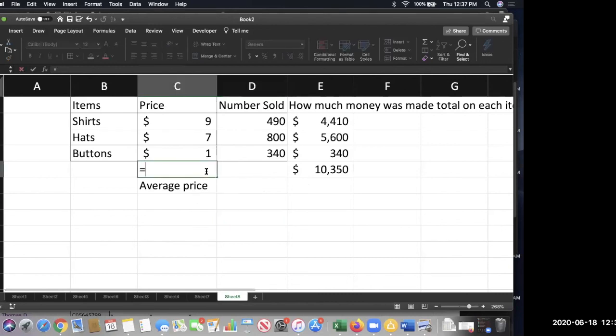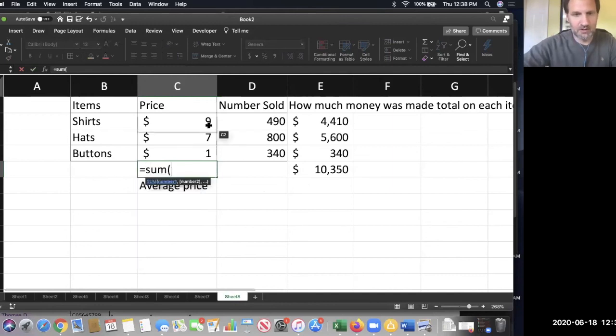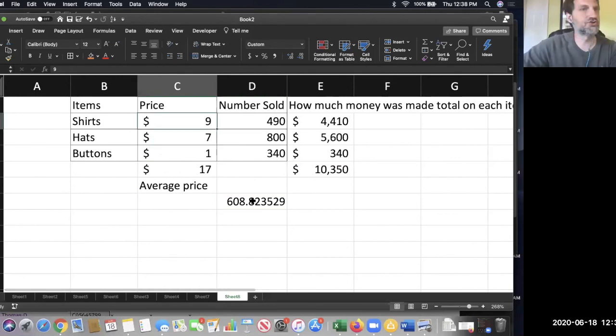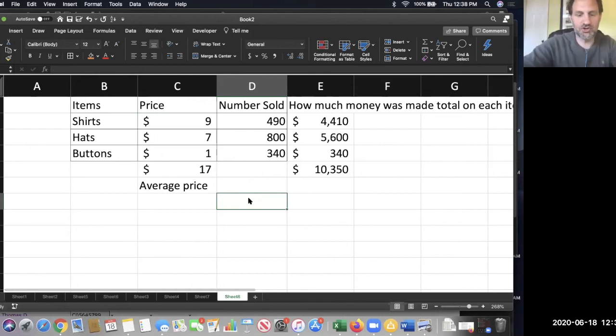You add them. Okay, so if you add these up, you get 17. And if you take this number and you divide it by 17, you end up with this number. Does this number make sense as an average price? No. Think about the lowest price is $1, the highest price is $9. So our average should be somewhere between 1 and 9. So you're right when you say it doesn't really make sense. But this is the hard part of the problem. Like, what do I divide by? The ratio is like the dollars per item.